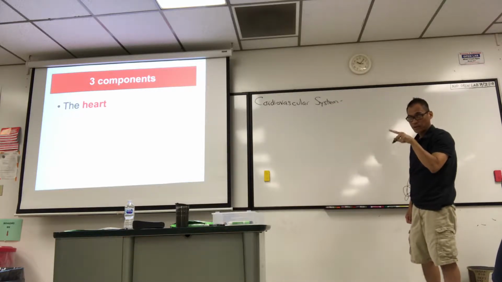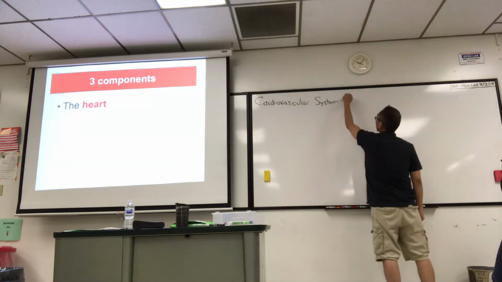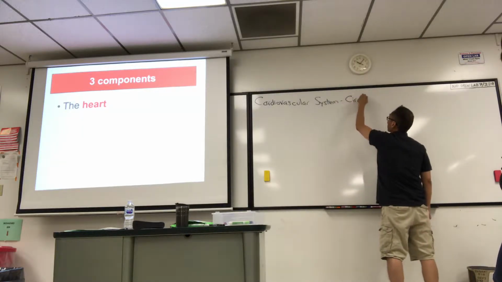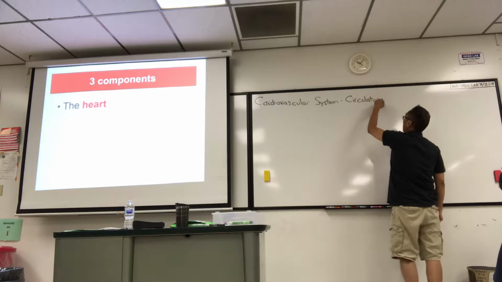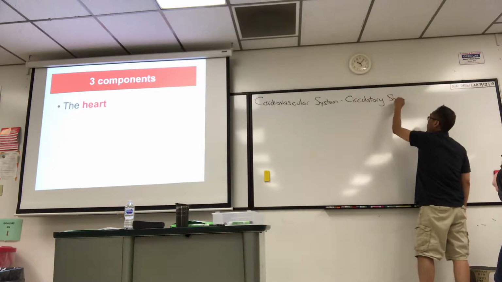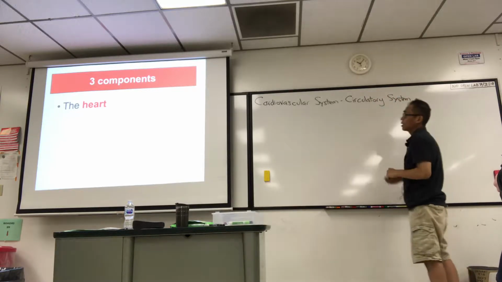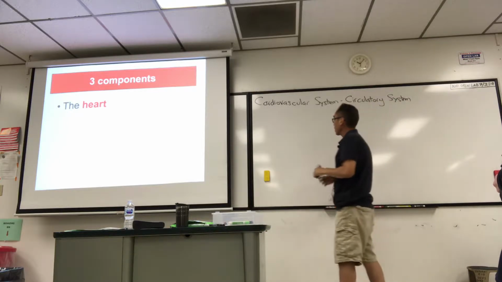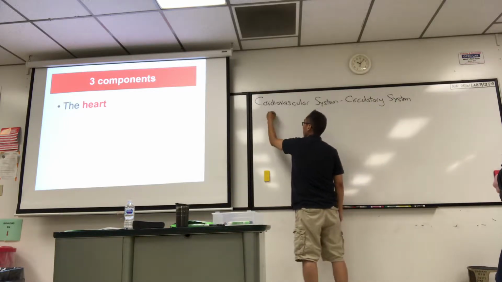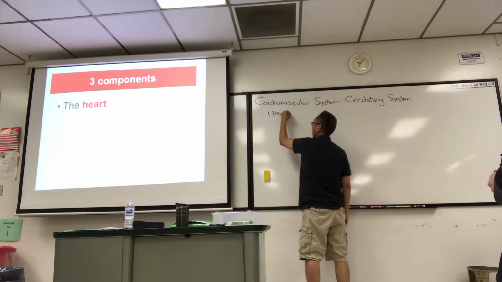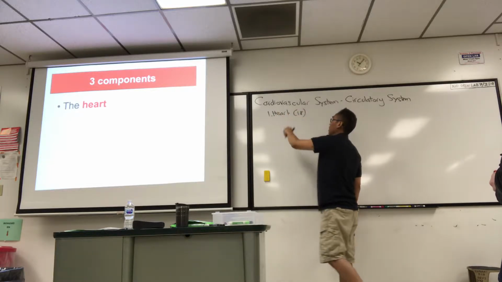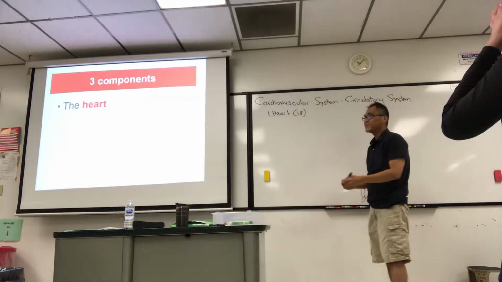Blood circulates, it goes round and round. I use those terms interchangeably, means the same thing. The system includes the heart, which we'll study. Heart is chapter 18, and it's its own test.